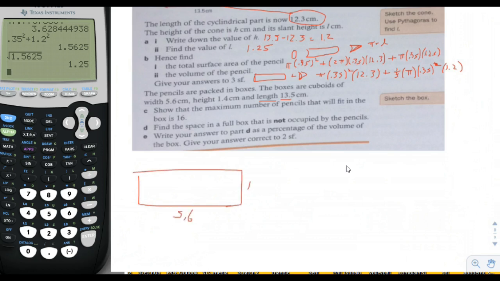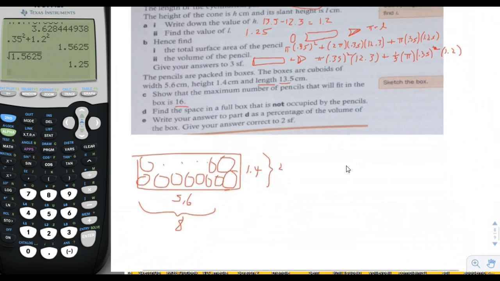Each pencil is 0.7 in diameter, so in 1.4 you could put 2 pencils. And width-wise, you could put 8 pencils across. It would fit perfectly, although my drawing is terrible. So you could put 8 across and 2 here. So that would be a maximum of 16.